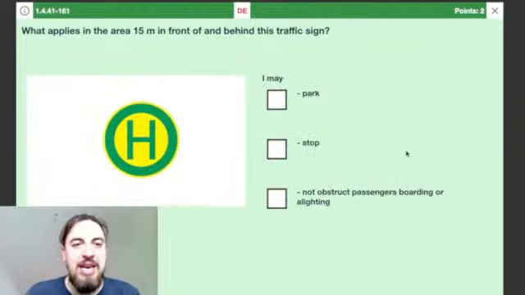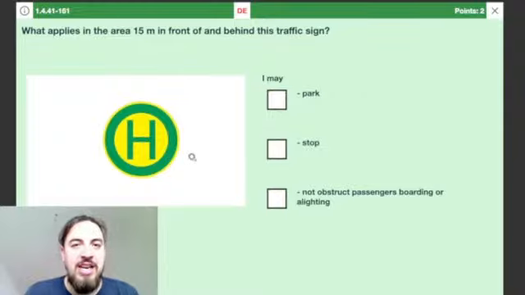All right, what applies in the area of 50 meters in front of and behind this traffic sign? I may park, I may stop, I may not obstruct passengers boarding or alighting. So that traffic sign means that you are at a bus stop.